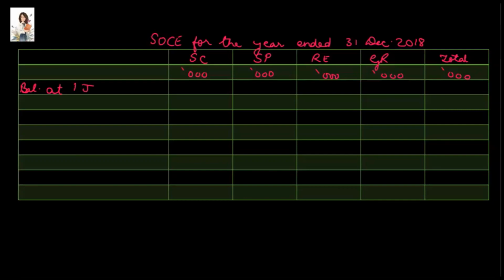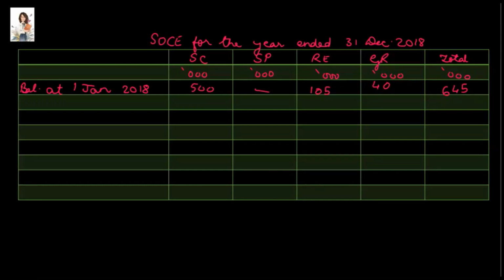Balance at 1st Jan 2018. 500,000 for share capital. There is no balance for share premium at the beginning of the year. 105,000 for retained earnings and 40,000 for general reserve, which gives us a total of 645,000 at the beginning of the year.